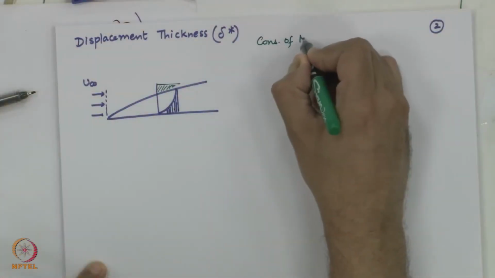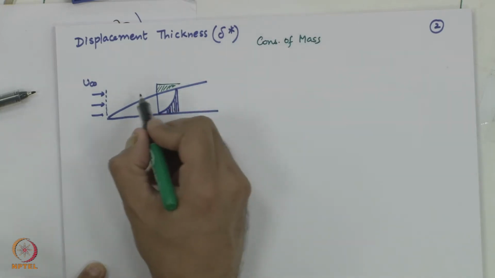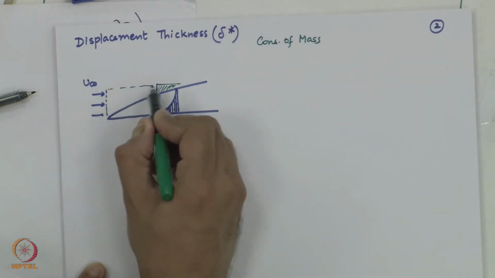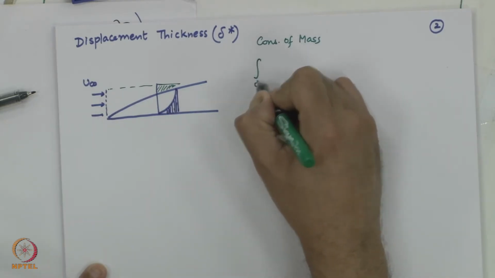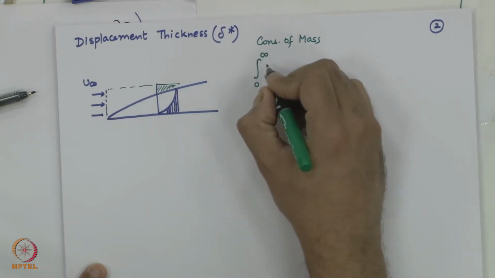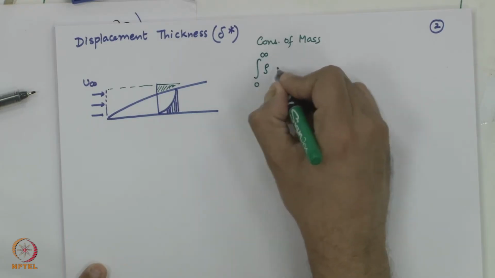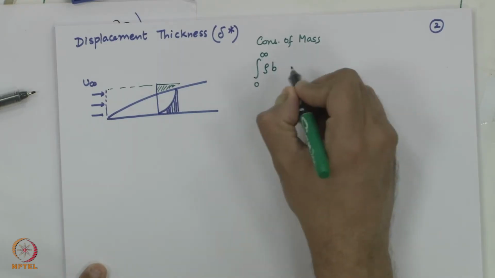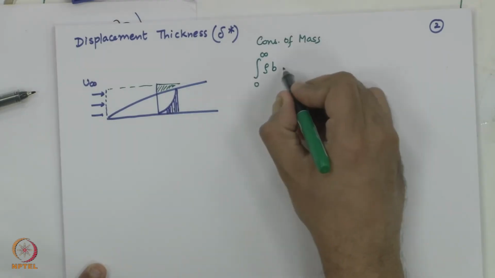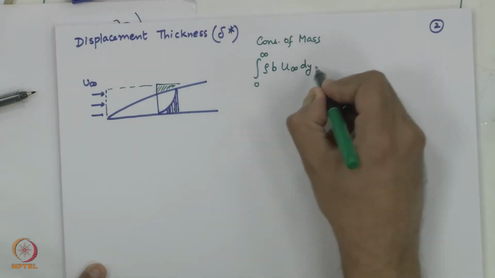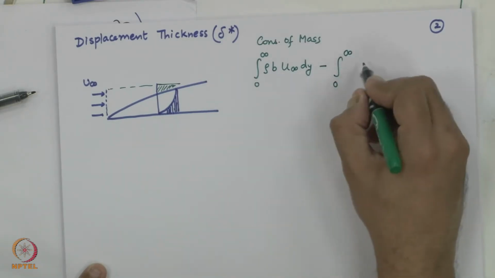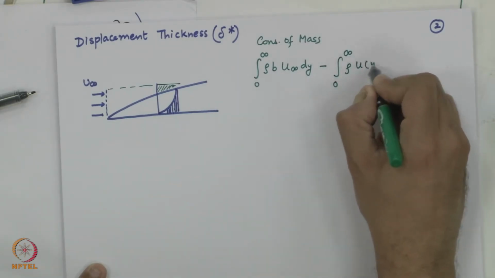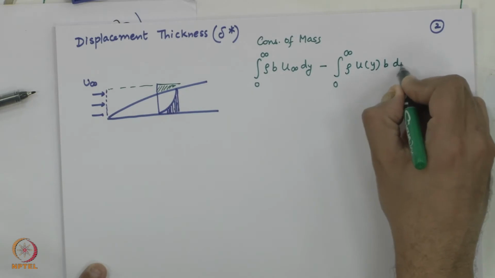So, if I apply conservation of mass over a control volume, which is basically this, I would say this is integral 0 to infinity rho into b, where b is the width into the paper, u infinity dy, minus integral 0 to infinity rho u of y into b dy.